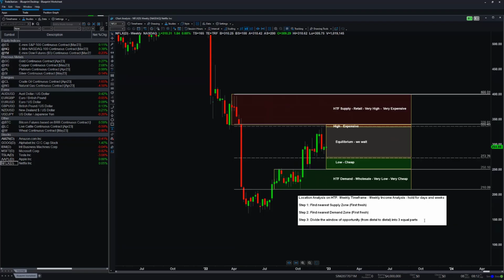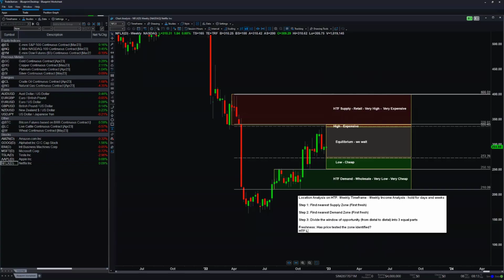Okay, so freshness, what you're asking is, has price tested the zone identified? If price has tested the zone that we identified, if price already pierced into this, that's generally not fresh anymore.